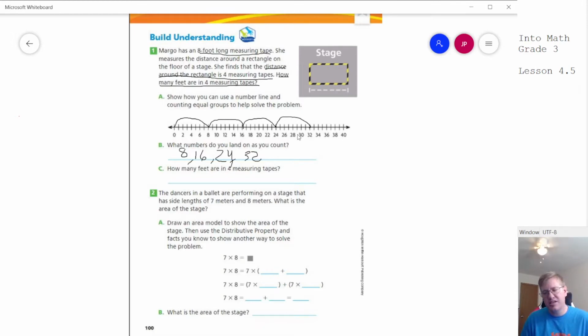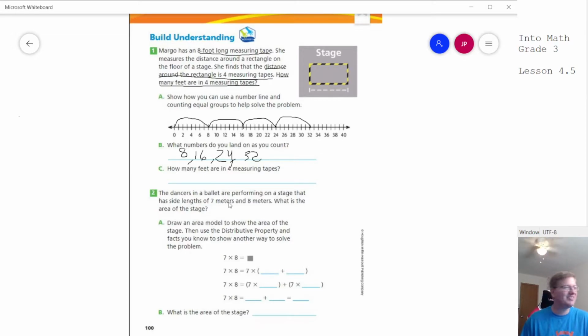Now, if we're doing anything with number lines, I try to remind the students we must start at 0. Occasionally, I find third graders that somehow find the right answer, but they don't draw all the groups, and they start right here. When I'm telling them they have to get on 8, that means they need to skip from 0 to 8 as the first skip and then keep going.